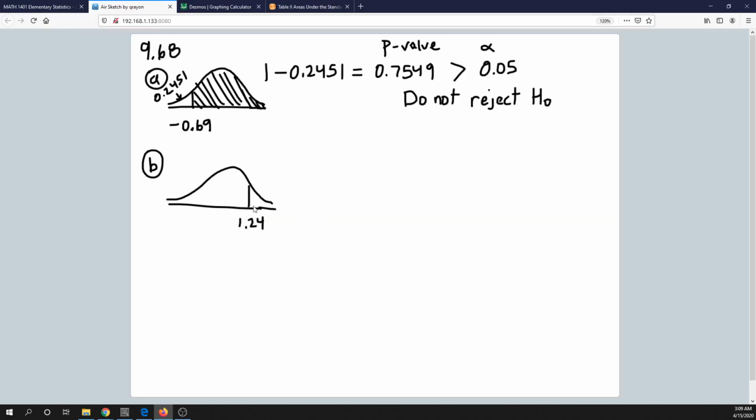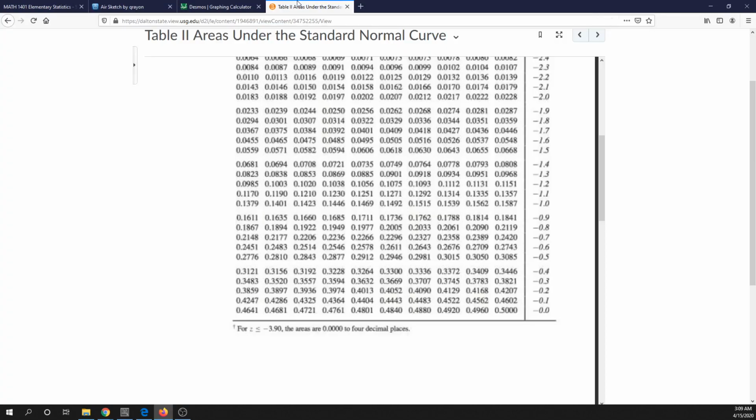So that's going to look like this. And this is a right-tailed test, so the p-value is going to be the area under the standard normal curve to the right of 1.24. We go to table 2, look up 1.24.